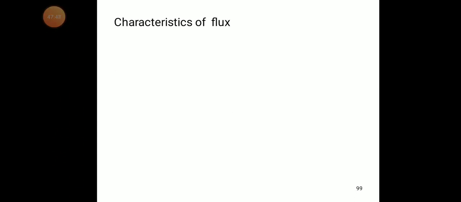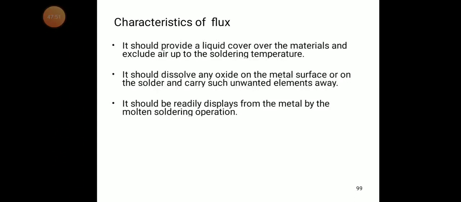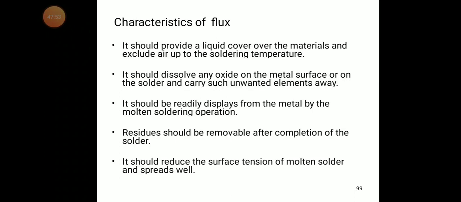Soldering flux. The characteristics of soldering flux are, you can see, it should provide a liquid cover over the materials and exclude air up to the soldering temperature. It should dissolve any oxide on the metal surface or on the solder and carry such unwanted elements away.